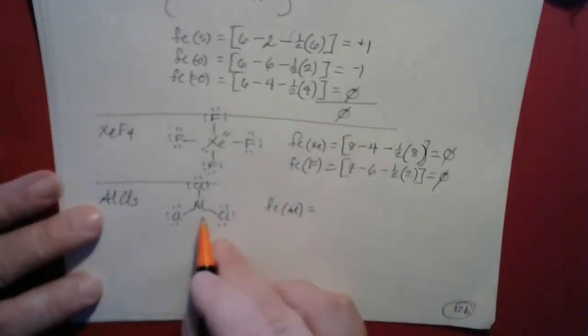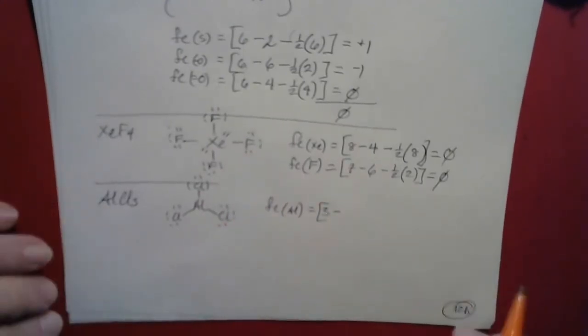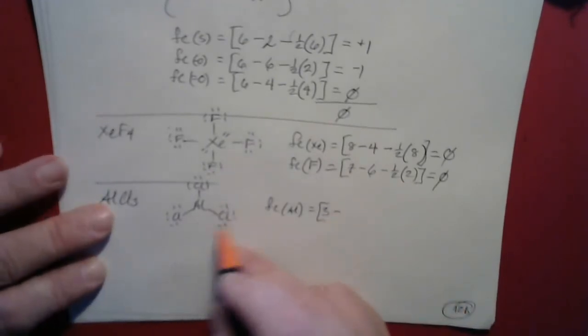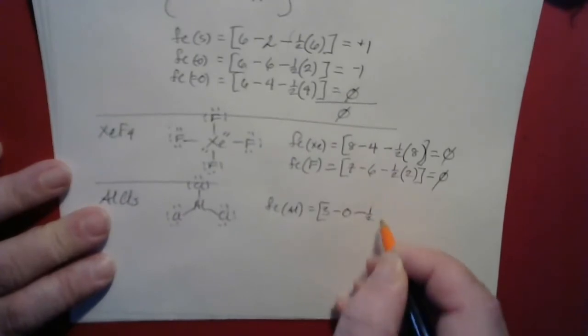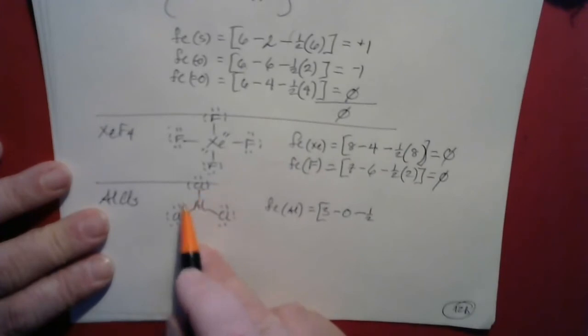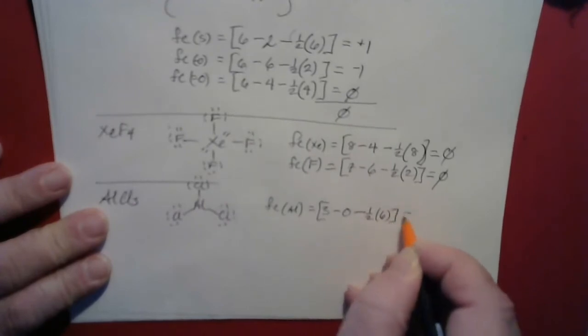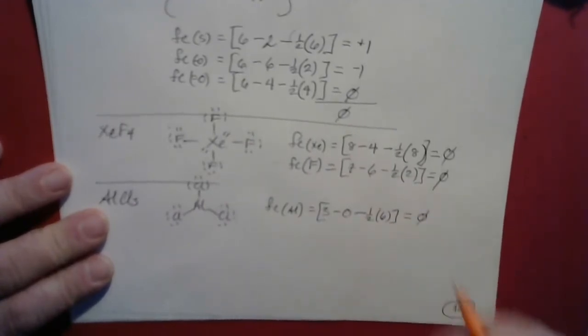The formal charge on the aluminum is going to be: the normal number of valence electrons for aluminum is 3 because it's in group 3A, minus lone pair electrons on the aluminum, which is 0, minus 1/2 of the bonding electrons around the aluminum. 3 bonds means 6 electrons, so that's minus 1/2 of 6. 3 minus 0 minus 3 is 0.